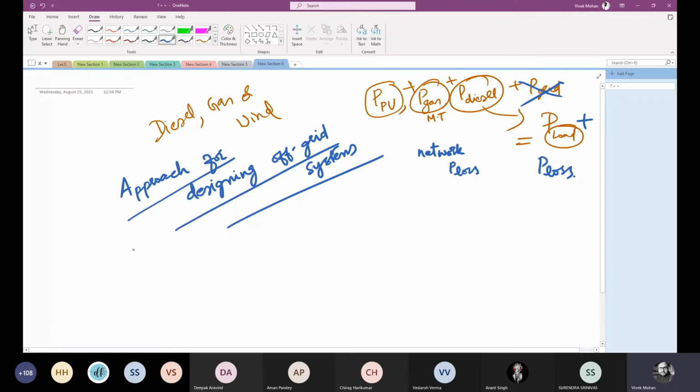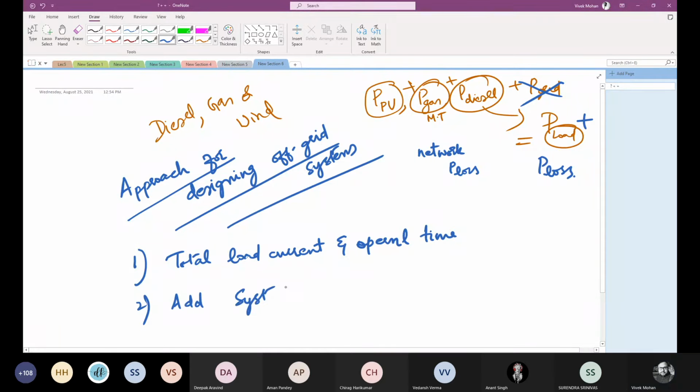So what is the first step? The first step is determine the total load current and operational time. Operational time in the sense the time during which the load should be operated. Now add system losses.